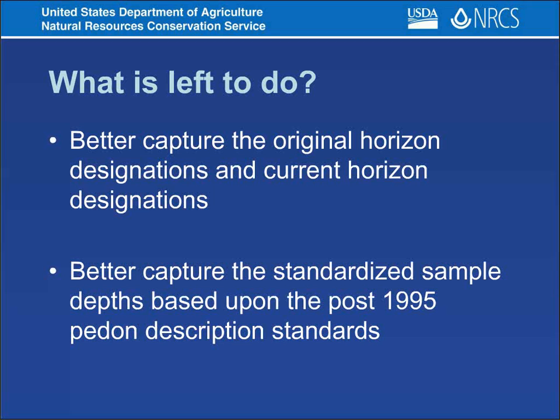And then over time, our horizon designation nomenclature has changed. So one goal that I have for this database is that we somehow try to capture the very first horizon designation that somebody decided to put on that horizon and the most current horizon designation that people would like to apply to it today.